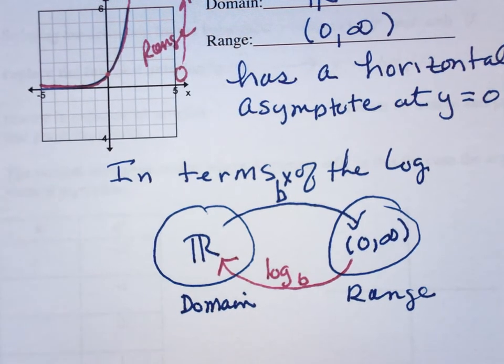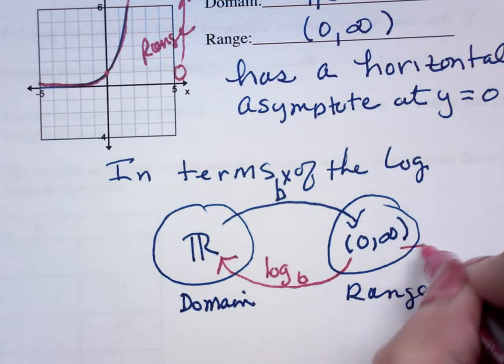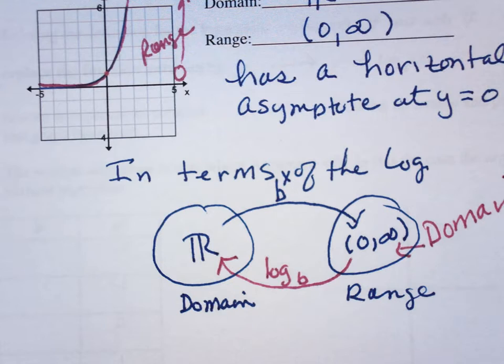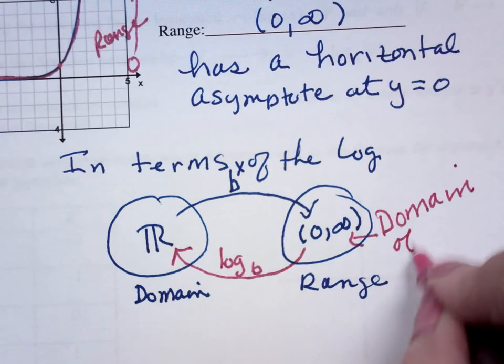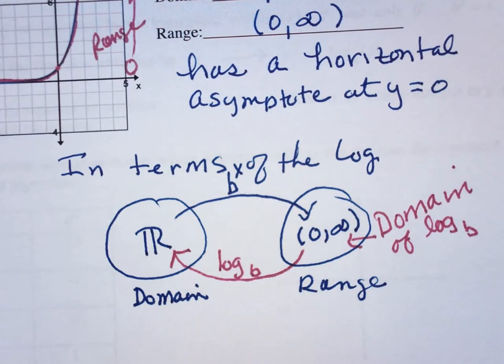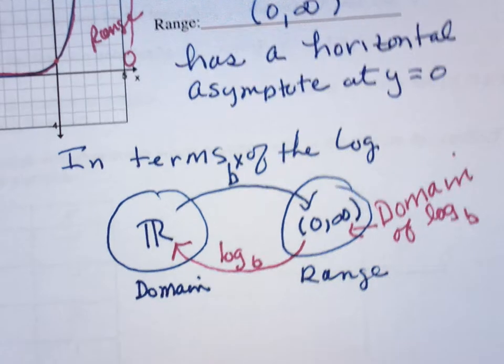When the logarithm comes back, he says, I only have numbers between 0 and infinity. You remember, this is the domain of log base b. The domain of log base b is 0 to infinity.